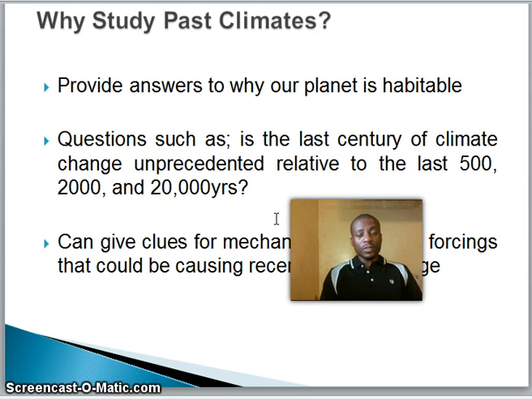Studies of paleoclimates can also give us a better understanding of the driving factors of climate change.